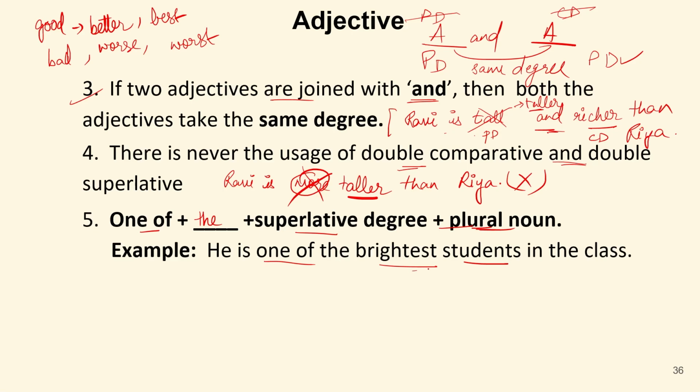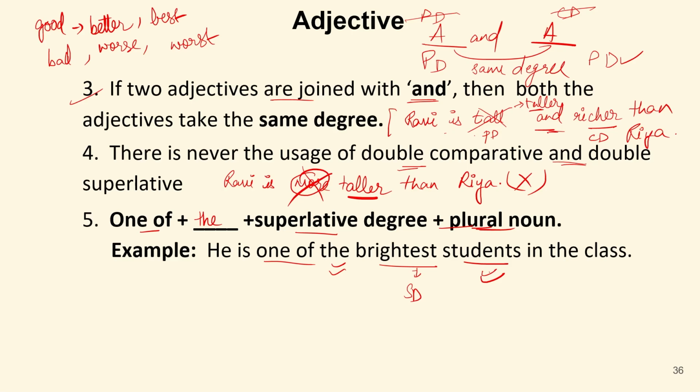Now, one of the brightest students. So, brightest is a superlative degree. We are using the before it, and also a plural noun, that is students. So, all these are cases of how to use the comparative degree, positive degree, and superlative degree of an adjective.